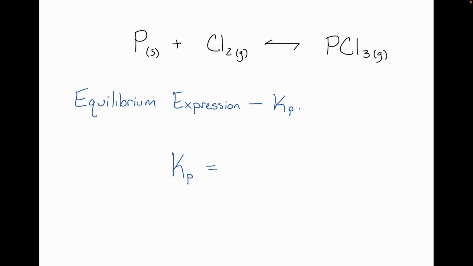All right, Kp means I'm going to do this in terms of pressure, but again, I got to balance my chemical equation before I can construct my equilibrium expression, right? And although my phosphoruses are balanced as is, I can see that there's an imbalance in the number of chlorines, okay? The only way that I can correct this is if I put a 2 out front here and a 3 out front there to make them both 6. I'll have to adjust my phosphoruses as well. So that's my balanced chemical equation.